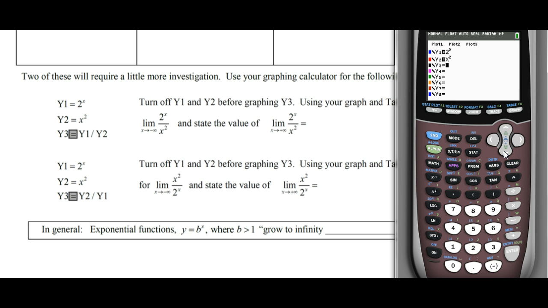And y3, we're going to graph as y1, vars, y vars, enter, divided by y2, vars, y vars, enter. And we're going to turn off y1 and y2, because we don't want to see them.